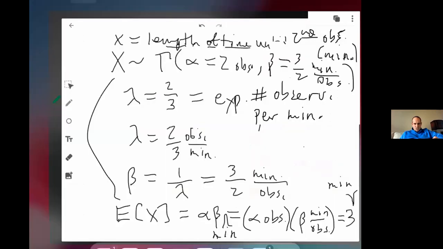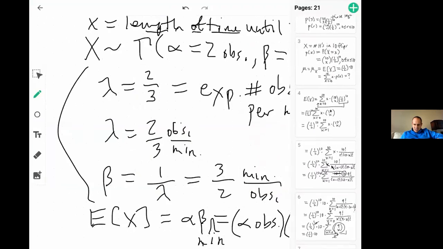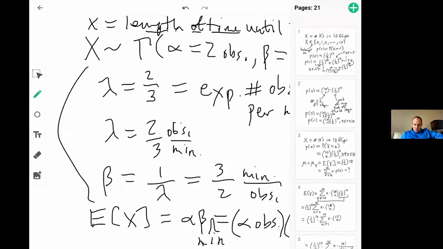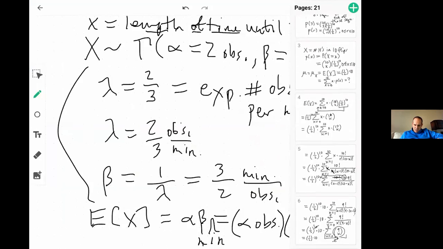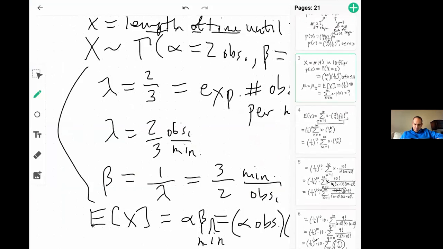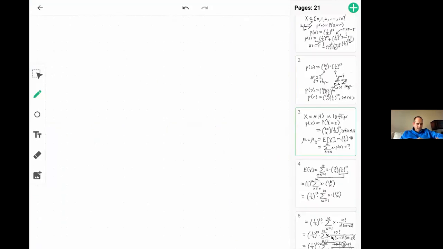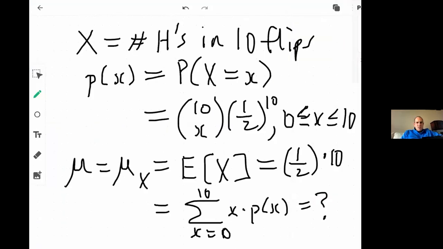Okay, let me just remind you of some stuff that we did last time. If X is the number of heads in 10 flips, then this is distributed as a binomial.